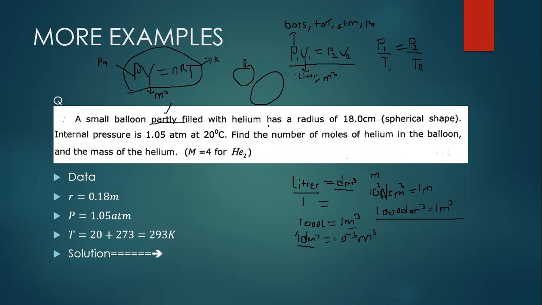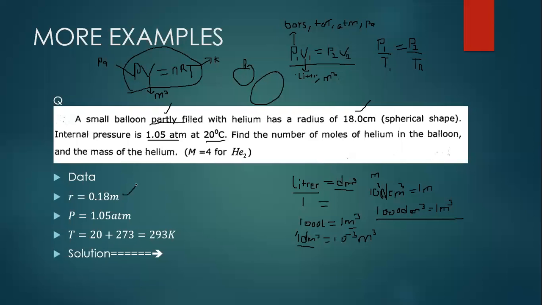So it has helium gas in it, and it has this radius, and it has pressure. They have given us the pressure in atmosphere and the temperature in degrees Celsius. Find the number of moles of helium in the balloon and the mass of helium.